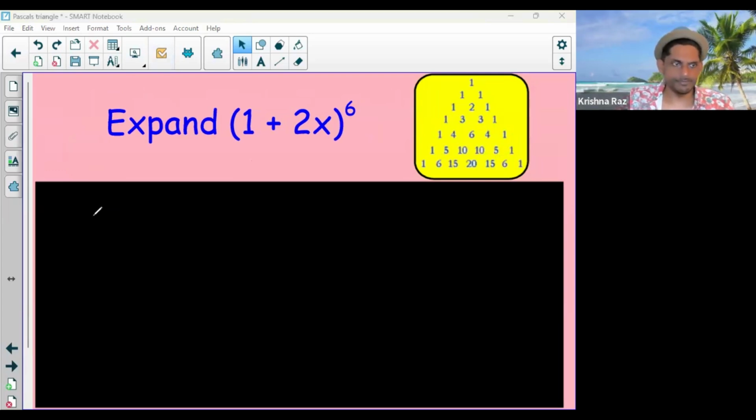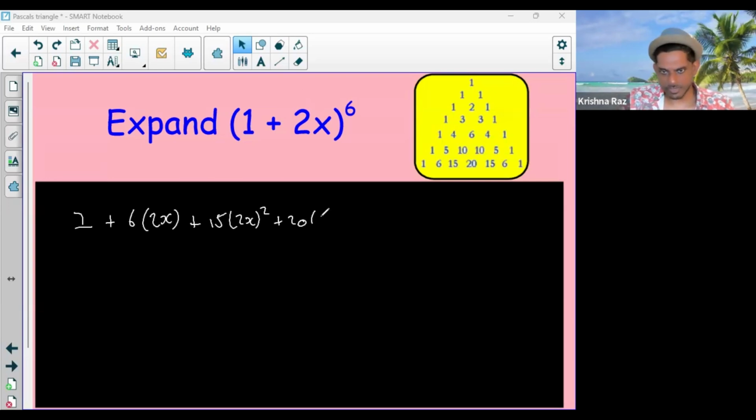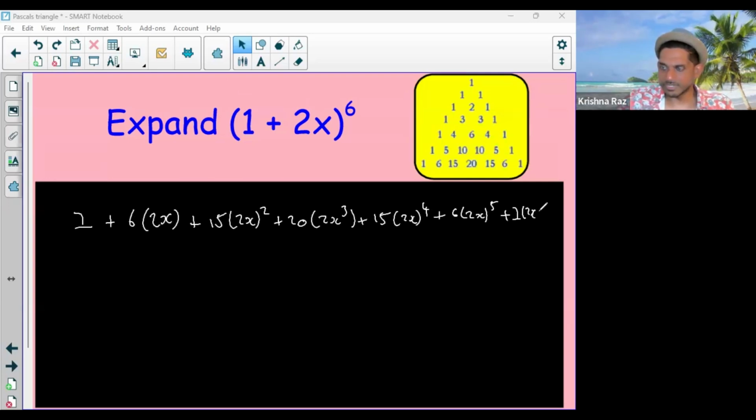So this time, what will happen is, I'll still use the same coefficients from Pascal's triangle, 6, but this time I've got 6 lots of 2x to the power of 1, plus 15 lots of 2x to the power of 2 plus 20 lots of 2x to the power 3 and 15 2x to the power 4, 6 2x to the power 5, and 1 lot of 2x to the power 6.